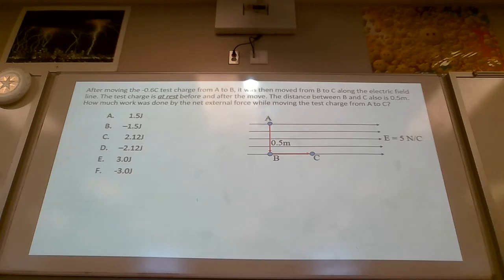A negative charge goes downhill, which is not the direction you want to go. But there's a force in the direction it's going. Work done by the net external force. It's positive. All right. What do you say?